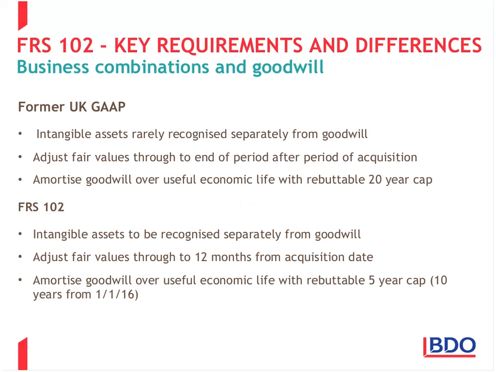Business combinations and goodwill. It was rare for intangible assets to be recognised separately in the accounts from goodwill, which under old UK GAAP was generally taken as the difference between the price paid for the trade and assets and the specifically identifiable assets that were acquired, such as plant, stock, debtors, etc. Under FRS 102, there is more opportunity to split out from the intangibles heading goodwill, brands, trademarks, and such like, and to adopt differing amortisation policies for each category of intangible.